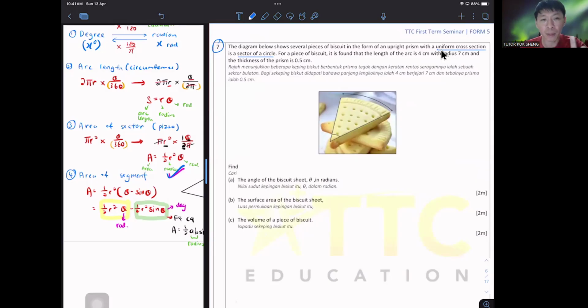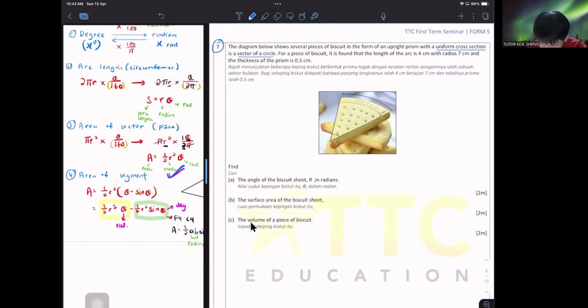Why I mentioned this is because later on, you have one part to find the volume. But I don't think you have found the volume of a biscuit before, correct? That's why you need to know which shape the cross-section is. For example, this one is the sector.